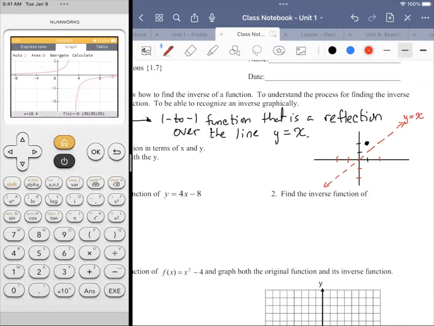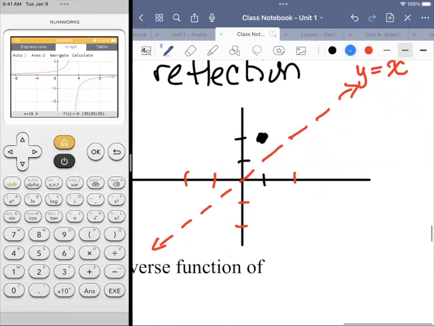If I want to reflect over that line, I'm basically saying find the distance from the point to the line and go that same distance on the other side of the line. The reflected point would go right here.